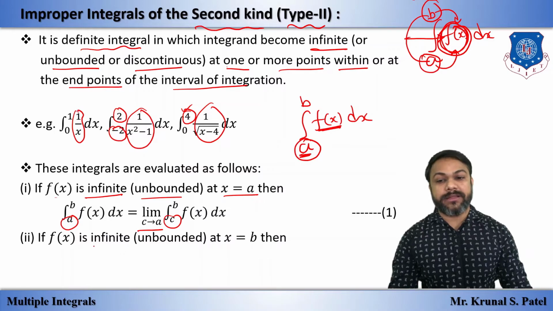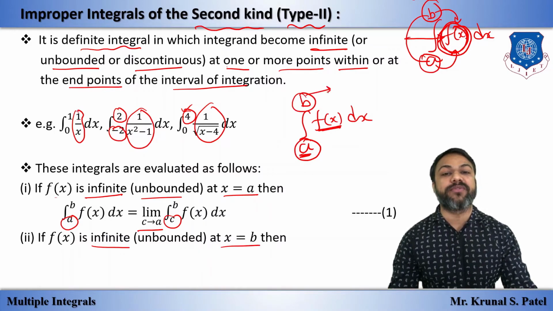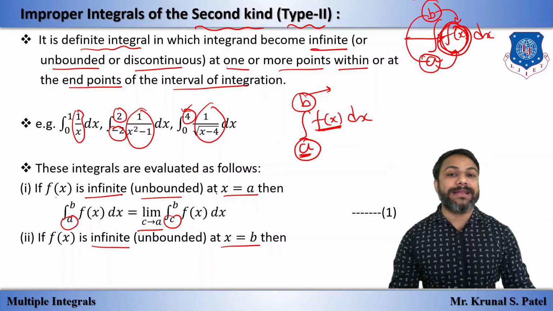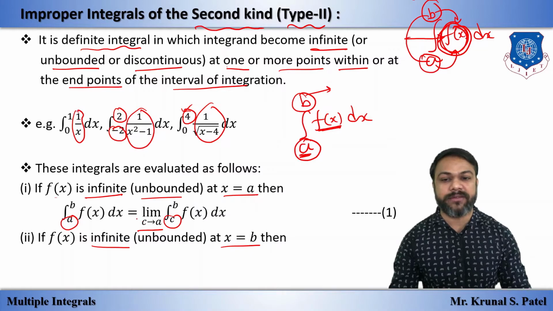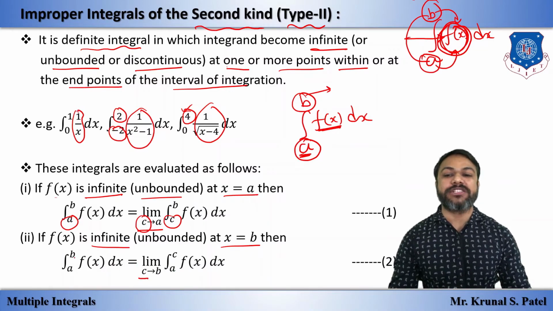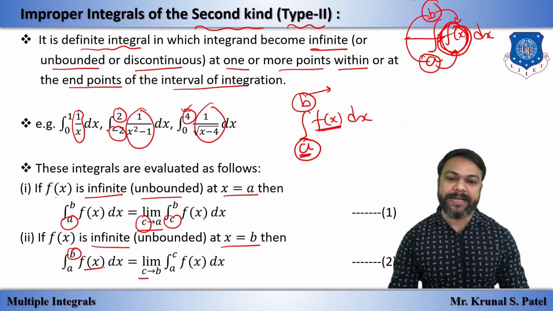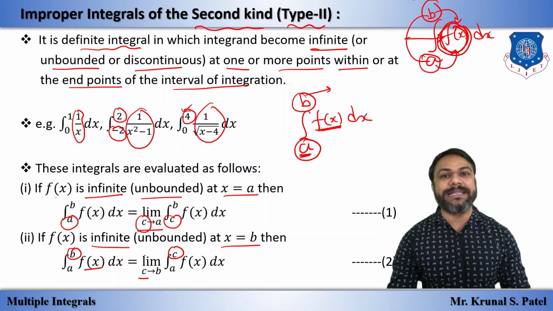If f of x is infinite at x equal to b, we will take the limit for this b. As I told, we can take any letters a, b, c, d, but a and b are used, so we have taken c here. So c tends to b, because at b this function is infinite, and we will use c instead of b, so a to c.